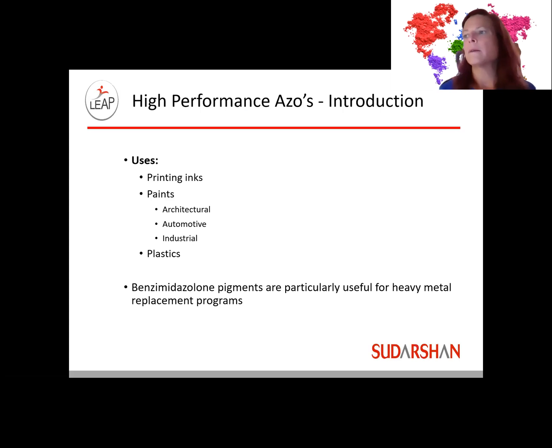Benzimidazolone pigments have been particularly useful over the last several years for those customers who need to replace heavy metal pigments in their formulations and get away from those types of pigments. The benzimidazolone pigments are very good for that particular application.